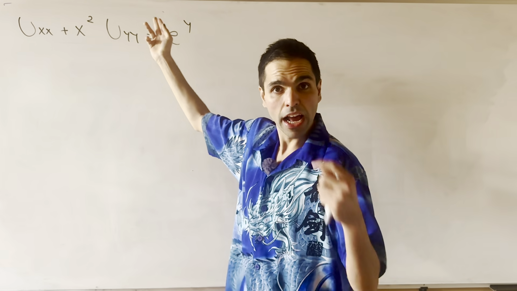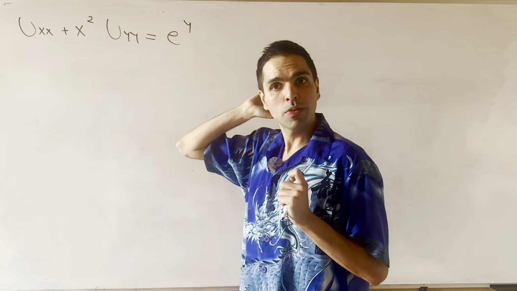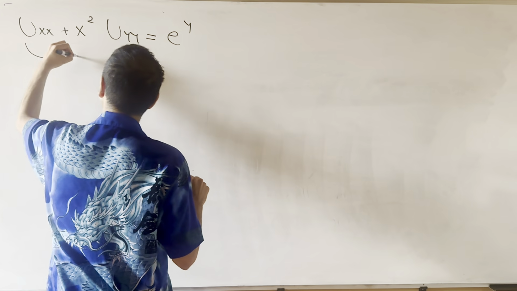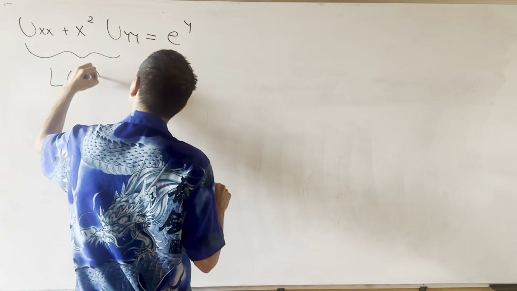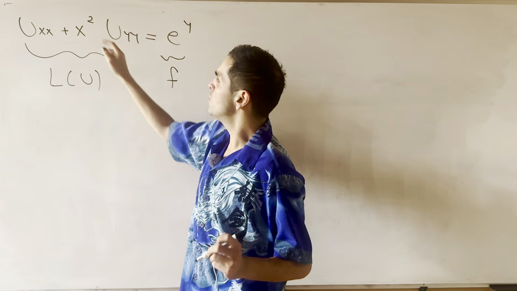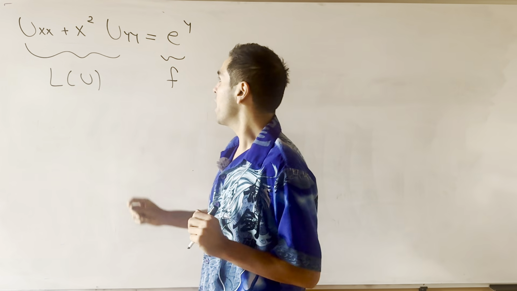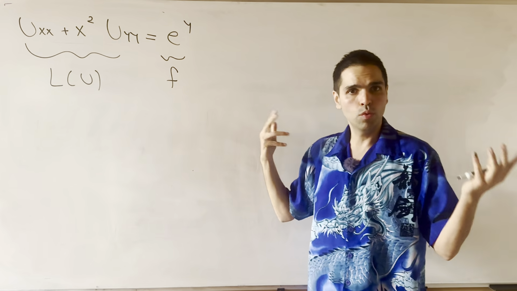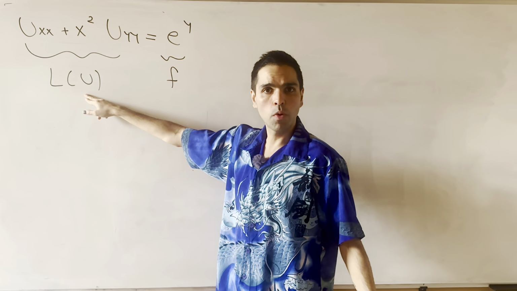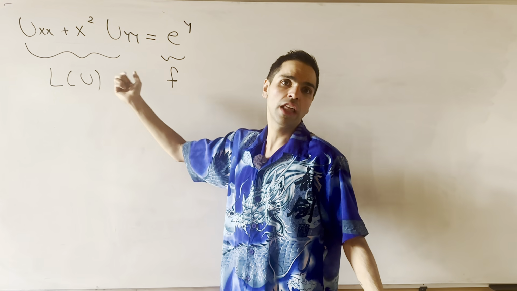So once again, we have our PDE, u_xx plus x squared u_yy equals e to the y. Notice, this is of the form L u equals f, where L of u is u_xx plus x squared u_yy, and e to the y is the inhomogeneous term f. So really, all this boils down to is to show that L is linear.